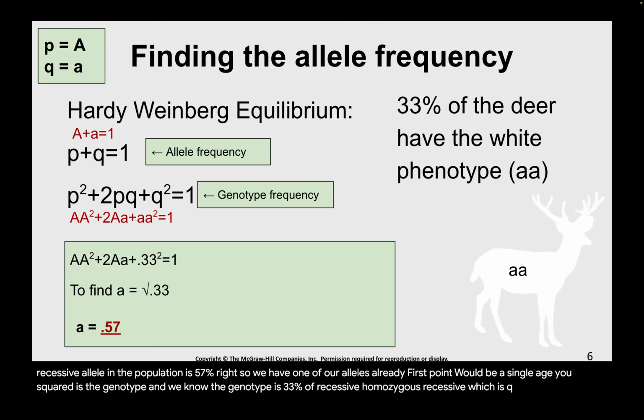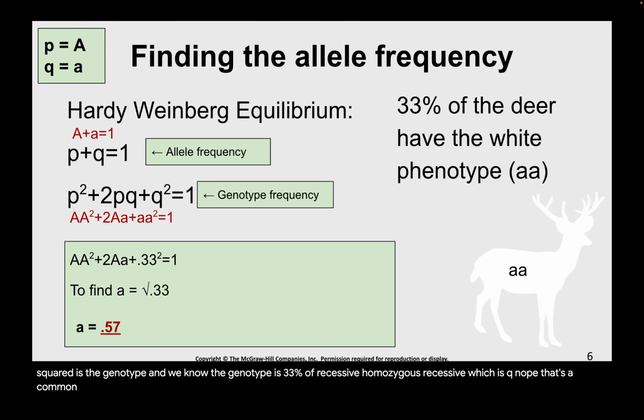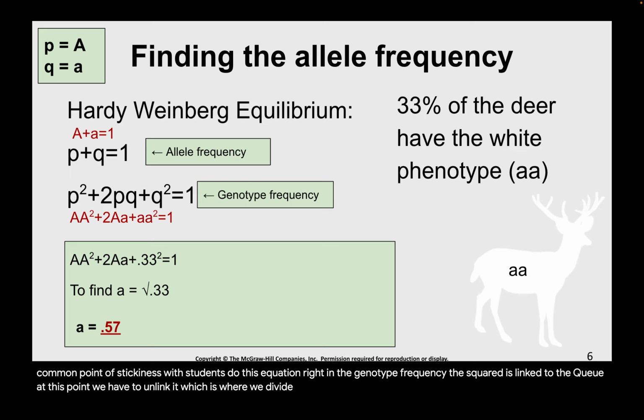That's a common point of stickiness when students do this equation. In the genotype frequency, the squared is linked to the Q at this point. We have to unlink it, which is where we take the square root of it in order to get 0.57. Then we have the frequency of just a single A.